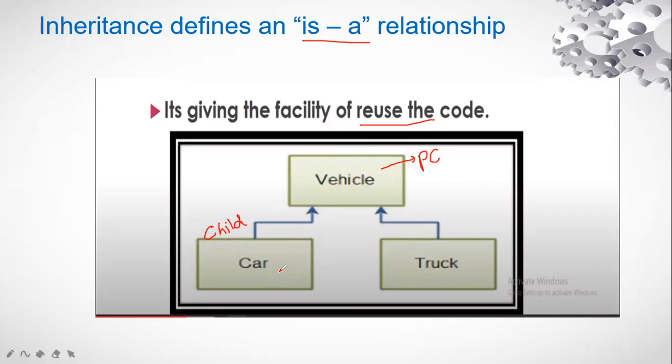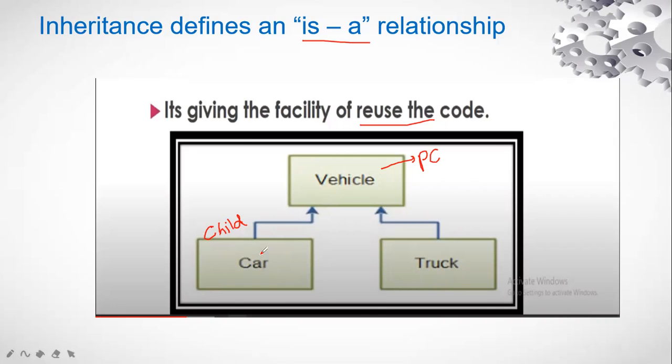So car can have its new attributes, plus it can inherit all the attributes that are in vehicle. All the code that would have to be written for car with the same attributes can be avoided just by inheriting the vehicle class. This is how we can inherit all the properties of vehicle in the car class.